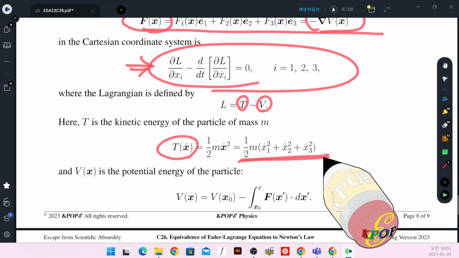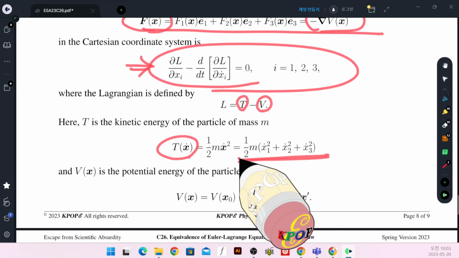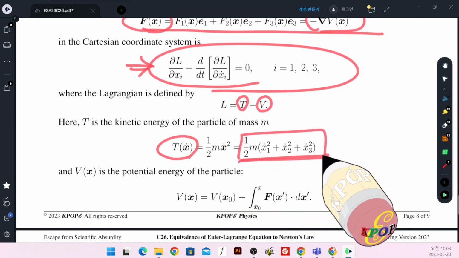Sure, it may have a coordinate dependence if we work in a rotating or polar coordinate system to describe the two-body motion of a sun and planet to solve Kepler's problem, but let us simplify our problem as much as possible because we are not ready to attack such a complicated problem.